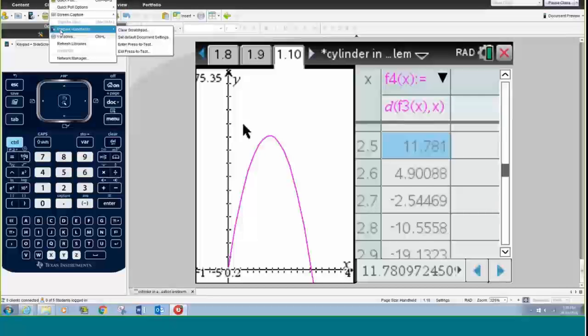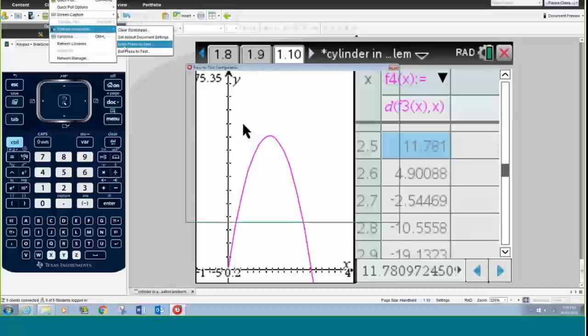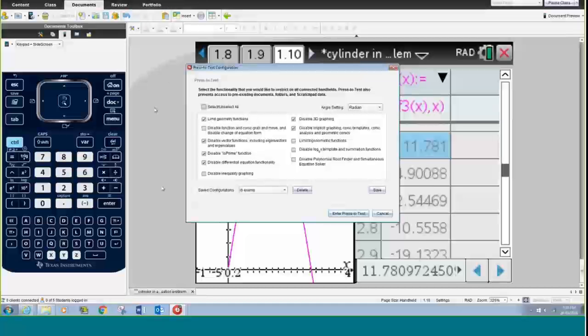If you go to tools, you can see prepare handhelds. And if I go enter press to test, you can actually do the selection for the students. So with year 11s at the start, they really never know which ones to tick, and there are lots of difficulties.